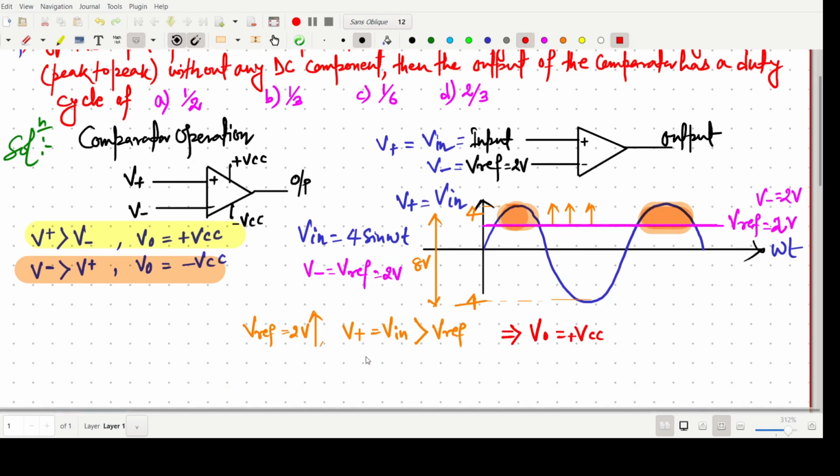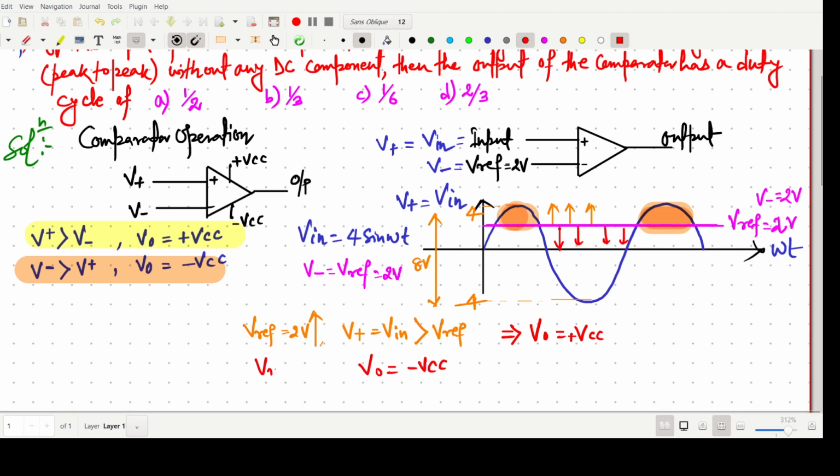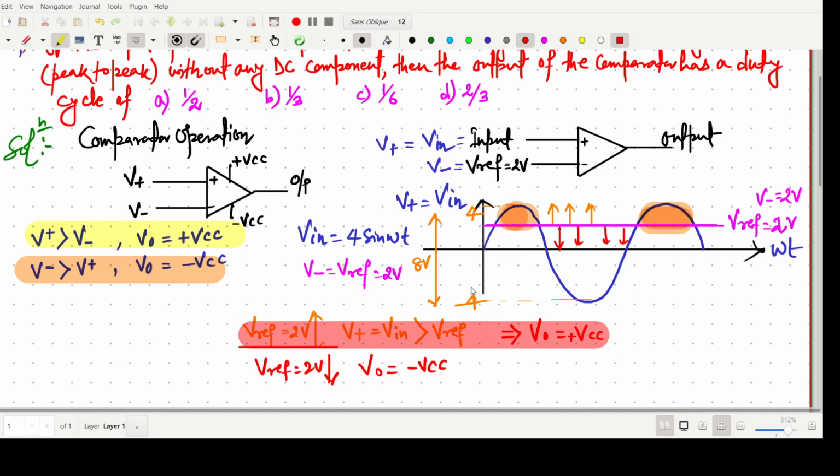Now below this line, the V naught value will be minus VCC.